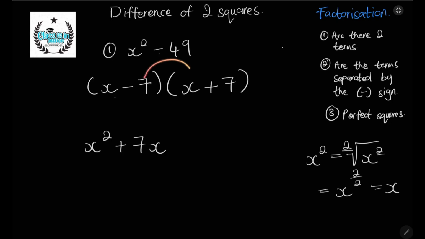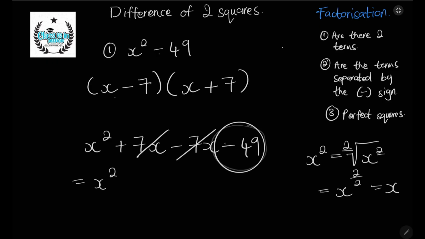Then negative 7 times x, this should be minus 7x. And negative 7 times positive 7, this should give you a negative 49. Let's look for like terms. You have x squared, you have 7x minus 7x. You're left with negative 49.